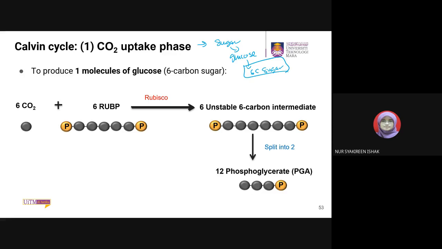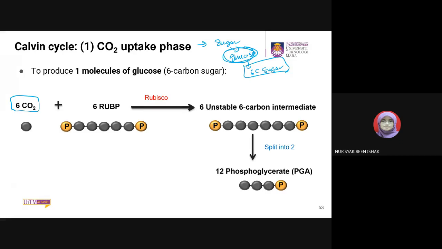Untuk menghasilkan glukos ni, 6 carbon sugar, awak kena terus fahamkan yang sebenarnya Calvin cycle ni dia akan berlaku dan dia akan memerlukan 6 molecule of carbon dioxide. Sebab purpose dia adalah untuk menghasilkan 1 molecule of glucose. Okay, so 6 molecule of carbon dioxide will enter the Calvin cycle.